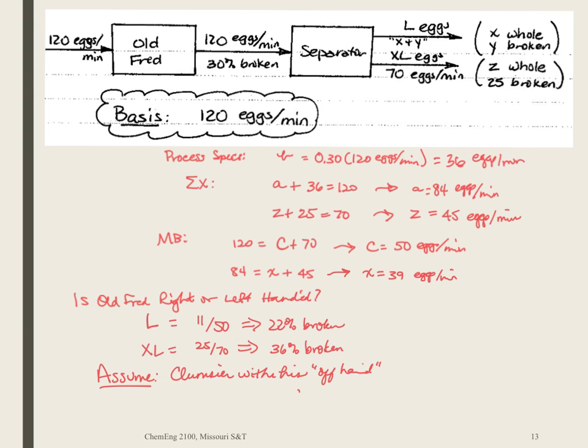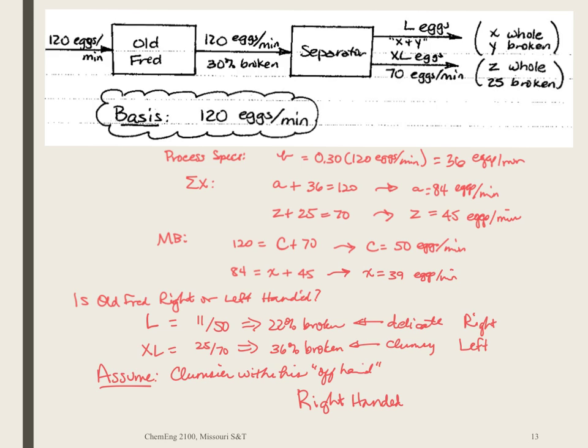So he's more delicate with his large hand and more clumsy with his extra large hand. This was the right hand. This was the left hand. Therefore, I say old Fred is right-handed. Now, clearly, if you made a different assumption, your logic may come to a different answer, but as long as you very clearly state your assumption, then no problems.